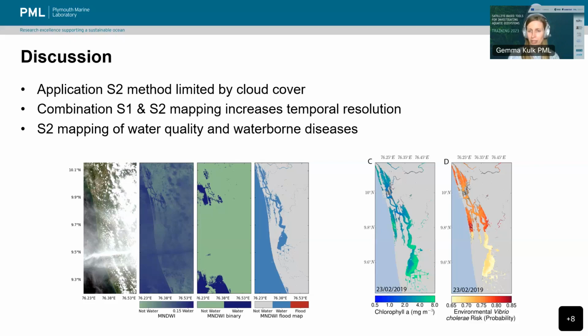So the use of Sentinel-2 data increases the temporal resolution considerably. Another benefit of the Sentinel-2 data is that we can simultaneously map water quality, as I've shown in the first case study, and also map waterborne diseases, as I've shown in the third case study, and both can provide important additional information in response to natural disasters.